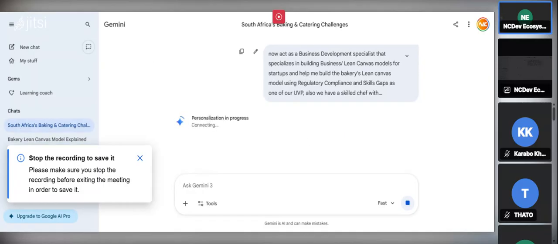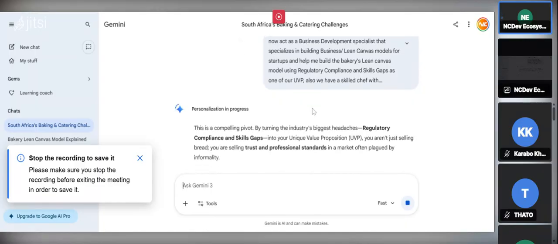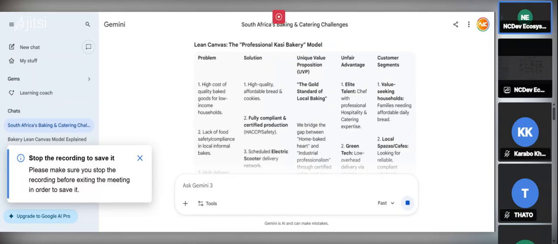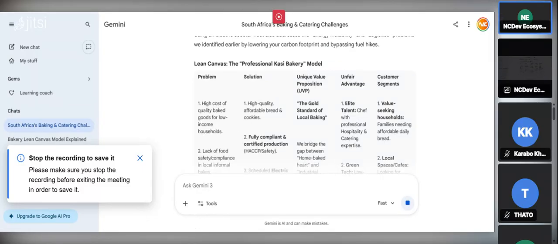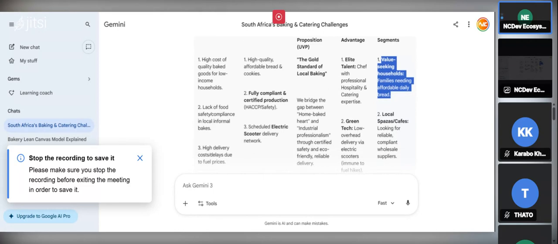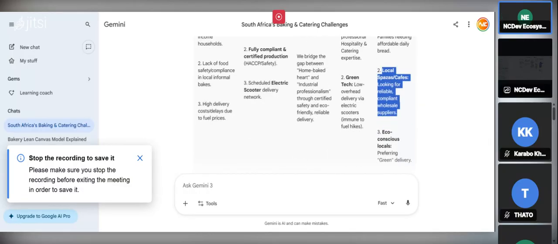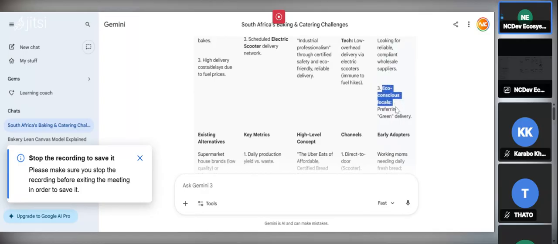So now it's helping us quickly with drafting. So let's first see customers. Value seeking households, families needing affordable daily bread. That's our customer there. Local spazas and cafes looking for a reliable, compliant wholesale supplier. Third customer would be our eco-conscious locals, the green, preferring green delivery, right?